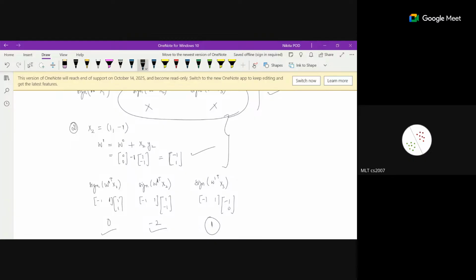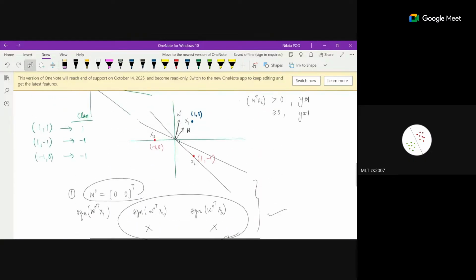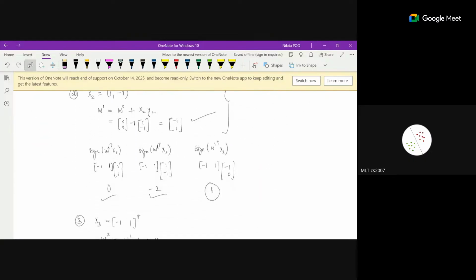So now my W1 is minus 1, 1. I'll check minus 1, 1 for 1, 1, for 1, minus 1, and for minus 1, 0. I get minus 1 plus 1, which is 0. This is correct. Minus 1, which is minus 2, is also correct, and 1 here is making a mistake.